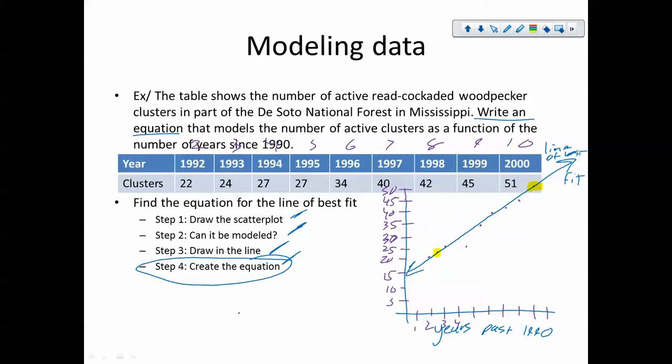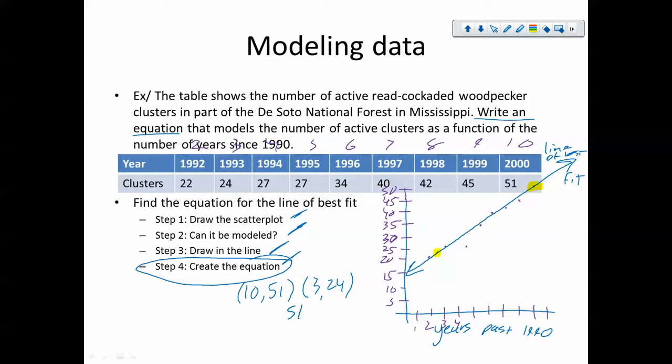This one was 10, 51, and this one down here was 3, 24. Now we're going to do exactly what we've been doing in every other lesson this unit. We're going to find the slope, plug that into y equals mx plus b, and get our equation.